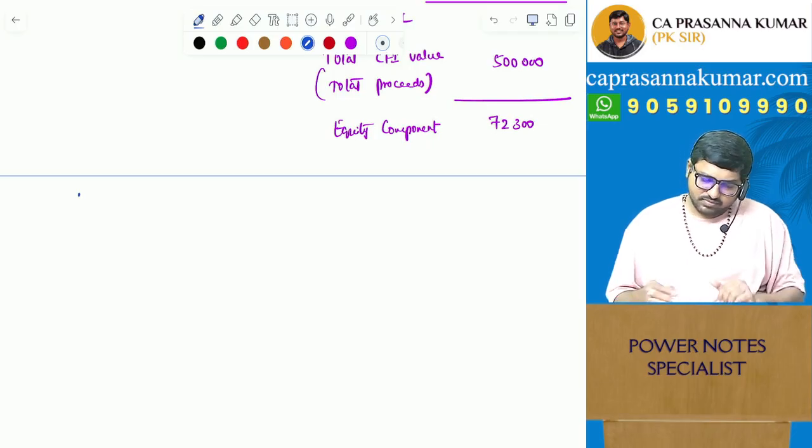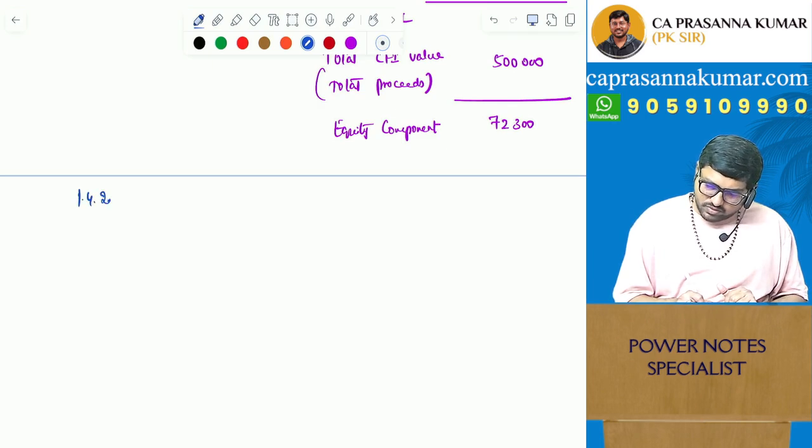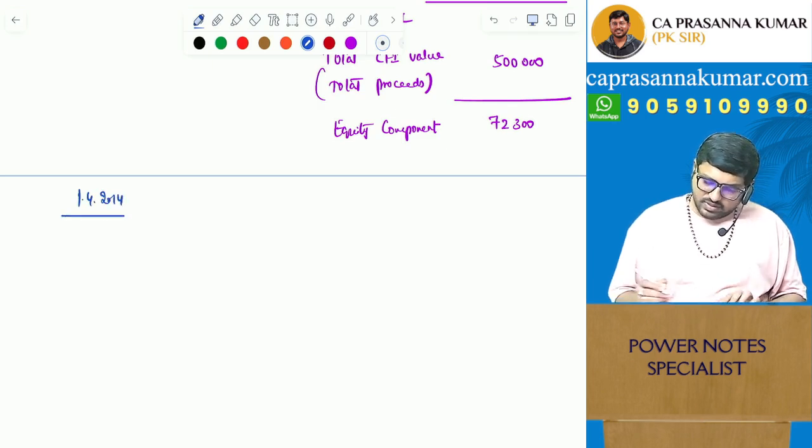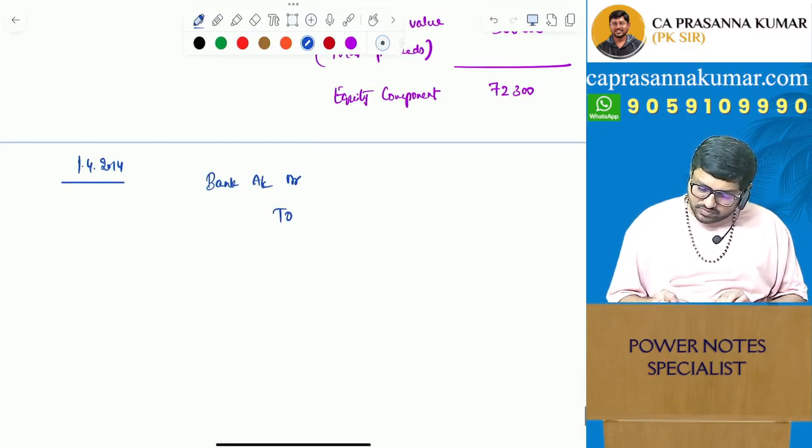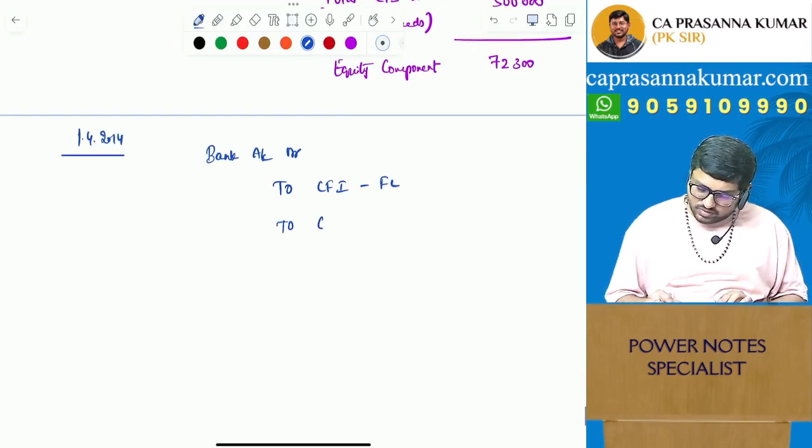Okay. 1/4/2014. So you'll be receiving 5 lakhs of money. So bank account debit to CFI financial liability, to CFI equity.